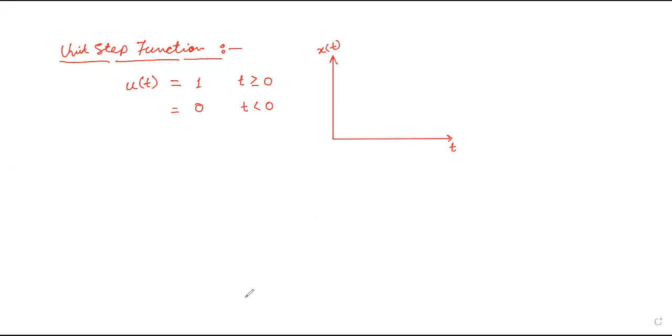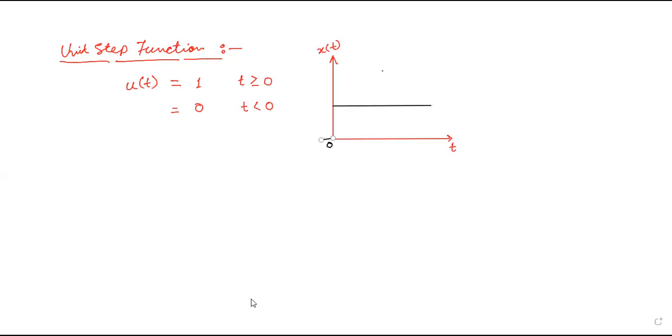So what is the graph of unit step function? From the definition, you can see that this is the unit step function. Are you getting that? So what I have told, it is 0 here. So from this graph, what you can see?